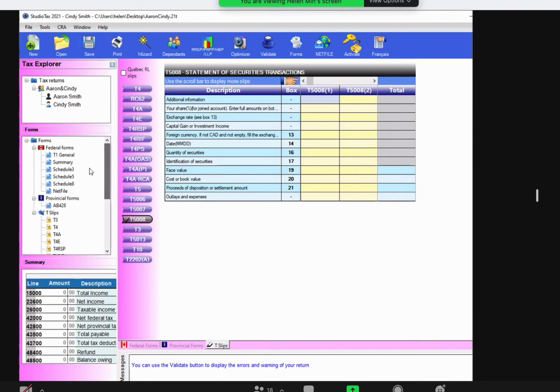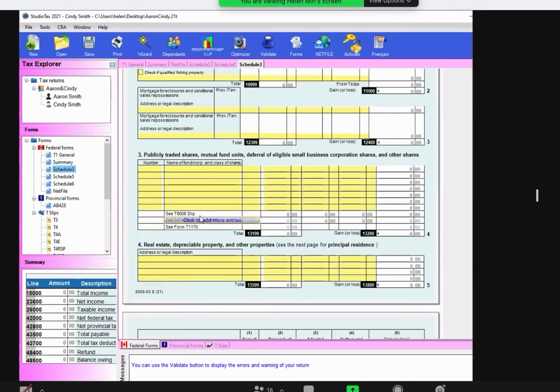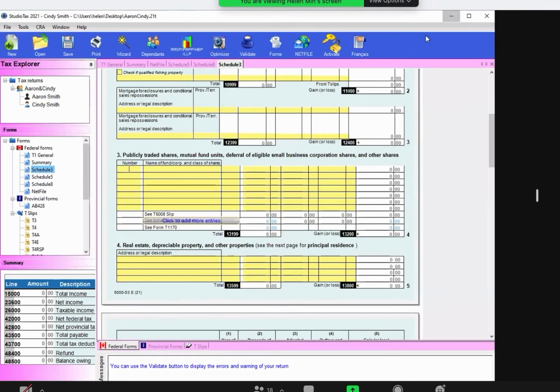What you do manually is Schedule 3. You put down the number of shares. For example, how many shares do we sell?